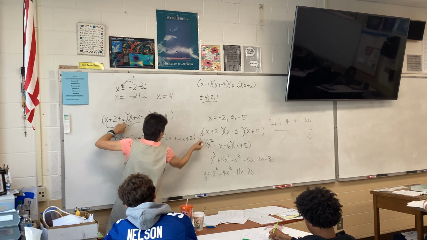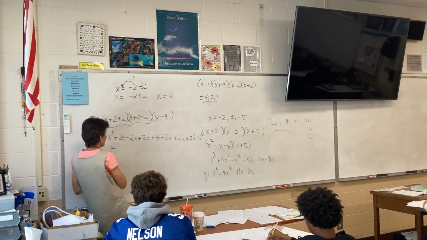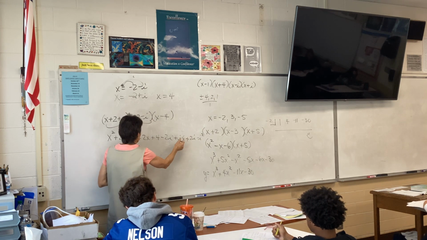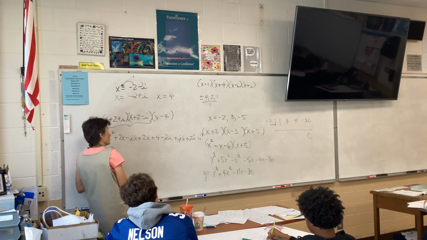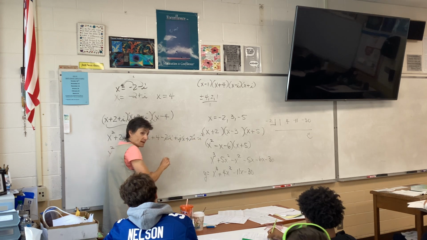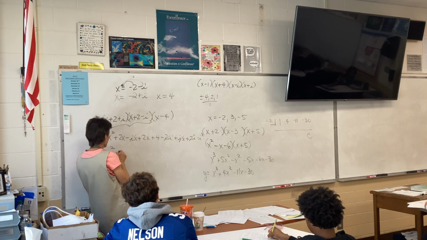Now you are going to get an i squared. So you're going to have to remember that i squared is, well, that one's a negative i squared, so it's going to be plus 1, plus 4, so I have x squared plus 4x plus 5.